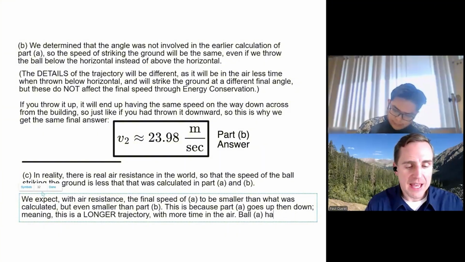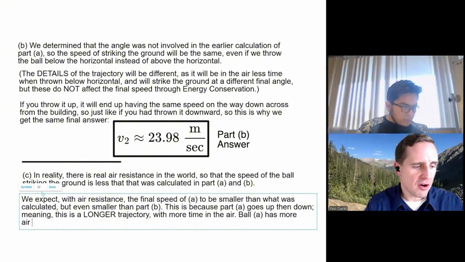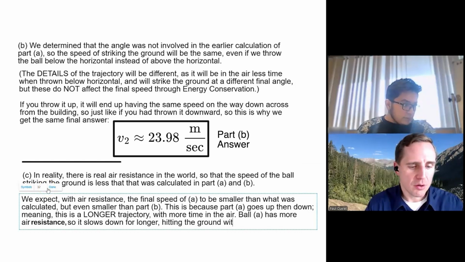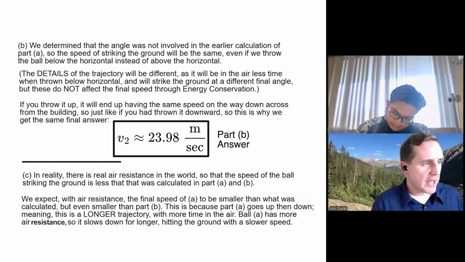Ball A has more air resistance, so it slows down for longer, hitting the ground with a slower speed. So that's it for this problem.